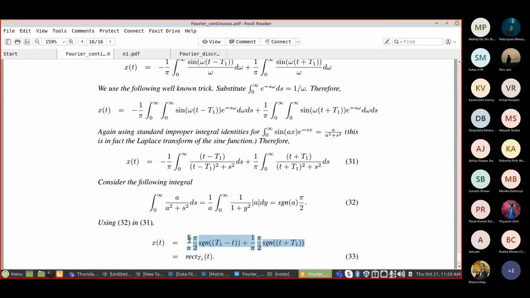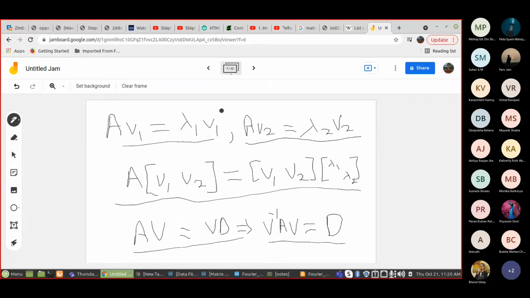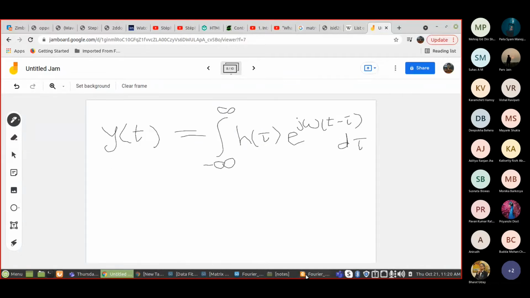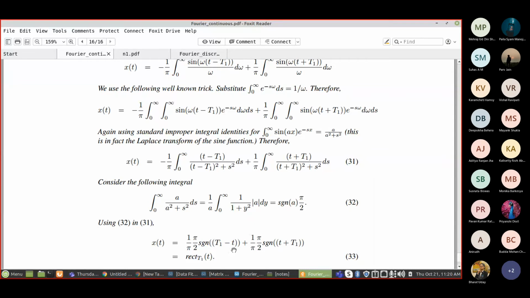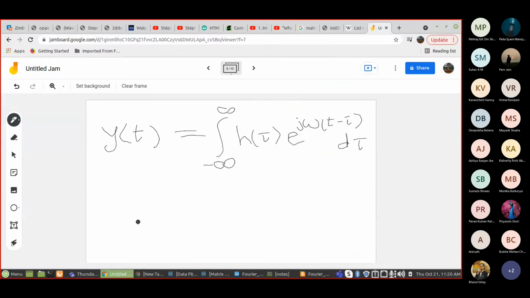So 1 over π times π by 2, so π and π cancel, and sign of t1 minus t and sign of t1 plus t. Let me draw this. So sign of t plus t1, this looks like this. So this is minus t1.